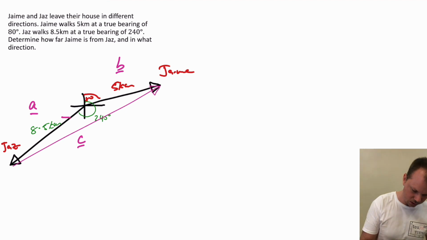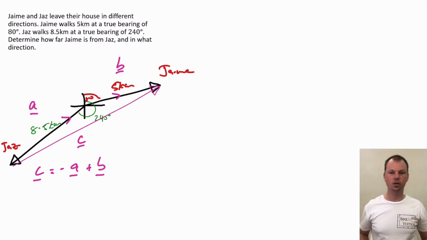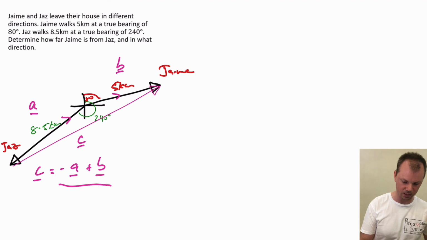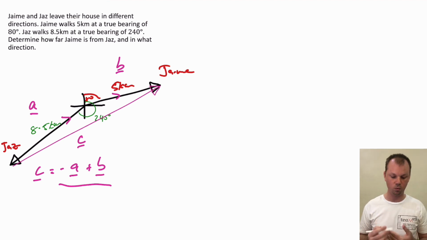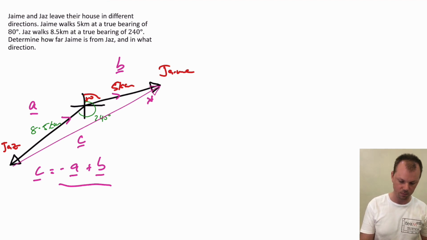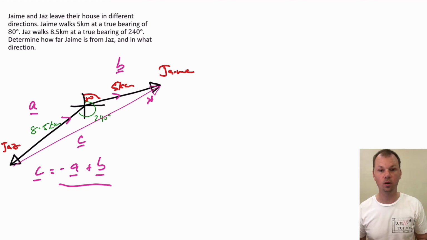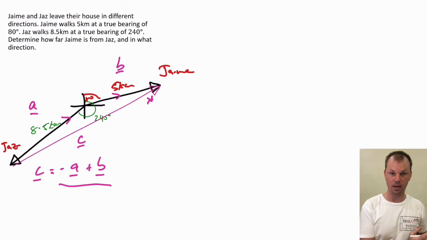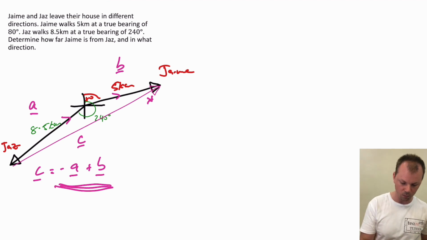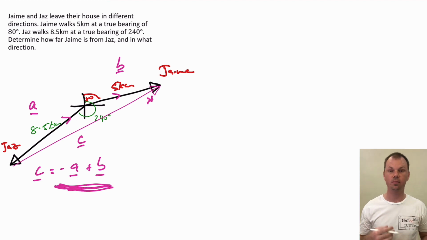So that's going to be going in this direction here, which is C equals negative A plus B. So this is the vector addition we need to do to work out this position vector up here. So now the components are largely the same as our previous example. We've just got a slightly different setup because this time we're subtracting the vectors.